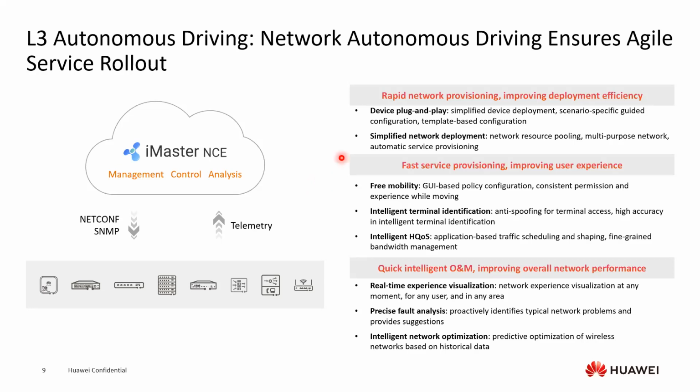Because it does it automatically, it's a more rapid network provisioning, and it improves deployment efficiency with plug and play of the devices, and simplified network deployment, where we have network resource pooling, multi-purpose networks, and automatic service provisioning.